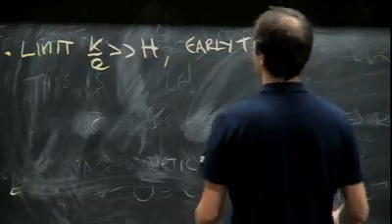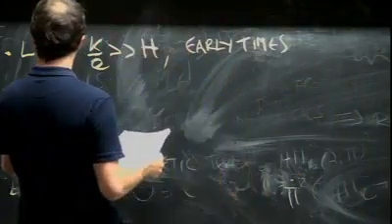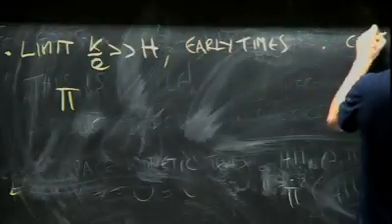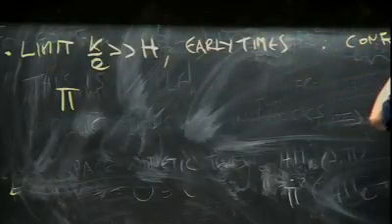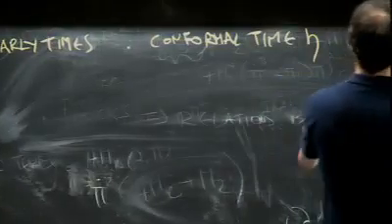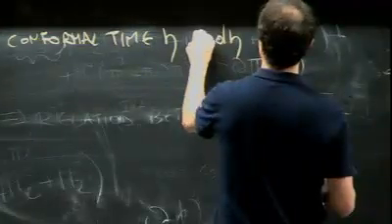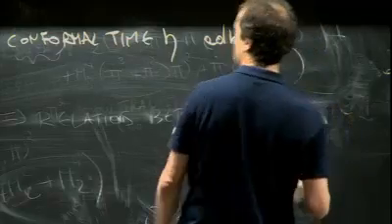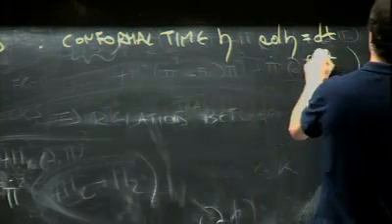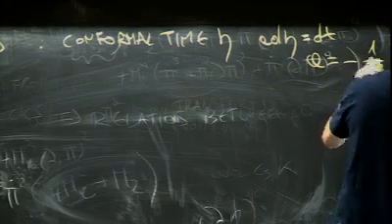So we impose that now going to conformal time, eta, where d eta times a is equal to dt. Then a during inflation is minus 1 over H eta.